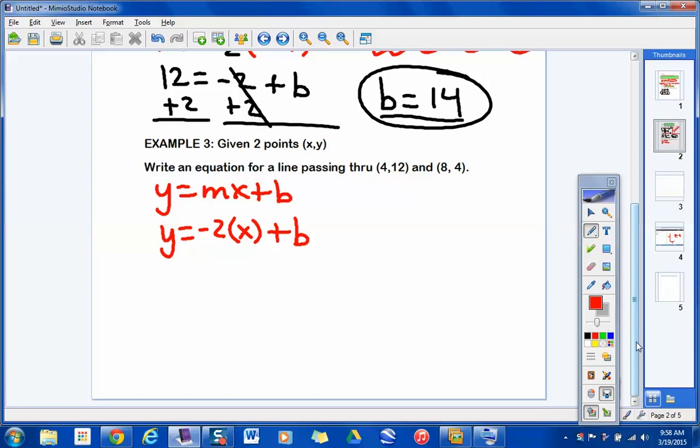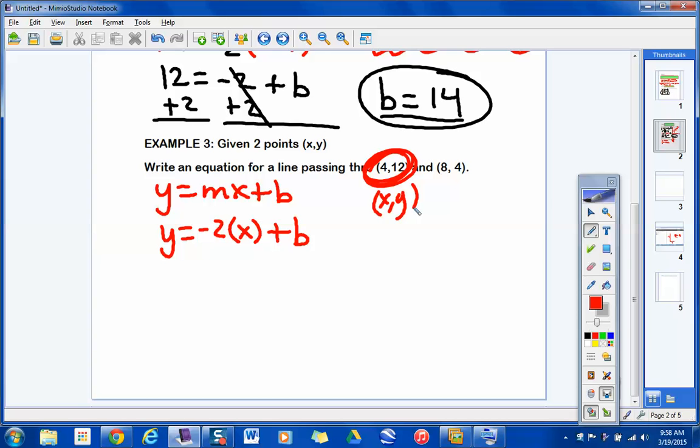Now, here's the deal. Just like in this last example, don't you really have a slope and a point right here? Doesn't matter which point. But I do have a point, right? Let's choose a point. I'm going to choose the point 4, 12. 4, 12 is my x, y that I'm going to plug in to solve for the y-intercept. If I choose this point to plug in, these are x, y, so those are the variables we're going to plug in for.